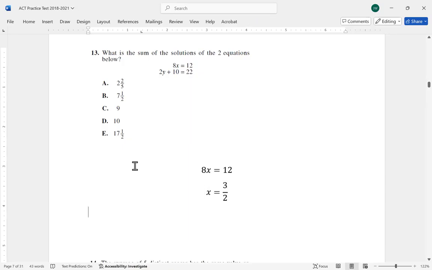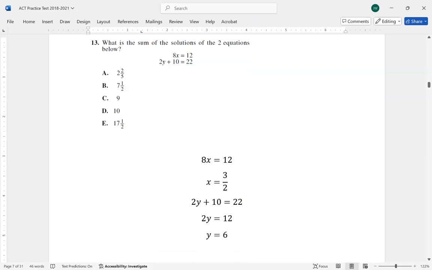Then I would solve 2y plus 10 is equal to 22. Subtract 10 from both sides. We get 2y is equal to 12. Divide both sides by 2, you get y is equal to 6. So we have x is equal to 3/2 or 1.5, and y is equal to 6.